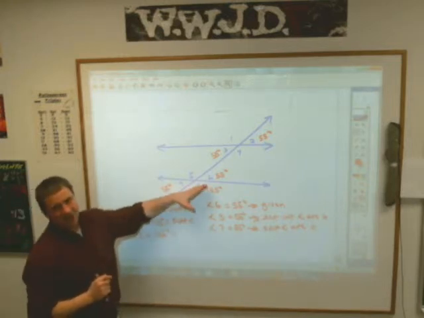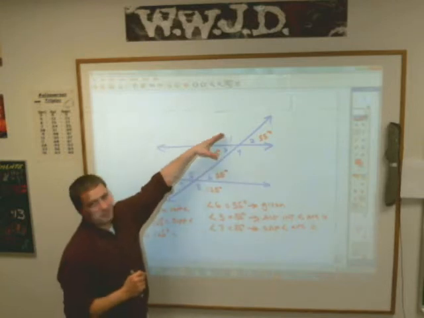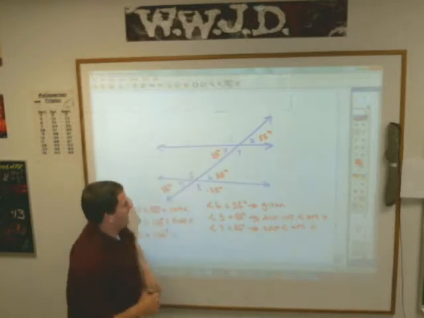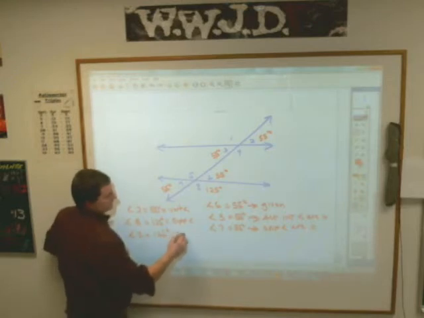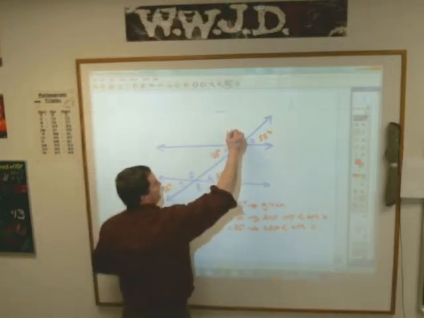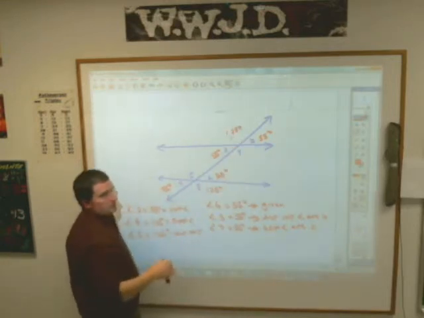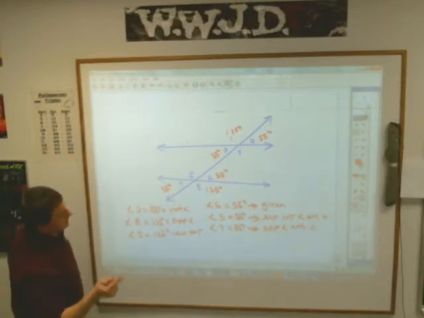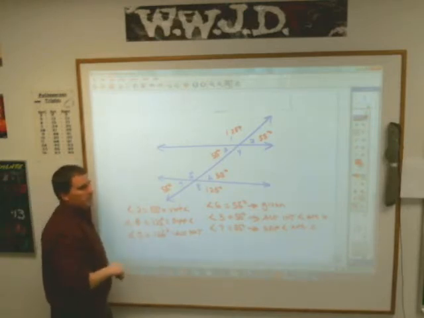It is an alternate exterior angle. Okay, it flip-flops from this side to that side. It's alternate exterior, or you could also say it's 125 because of what? Also because, Alex, 1 and 2 are adjacent. Adjacent angles are supplementary. Yeah, okay.